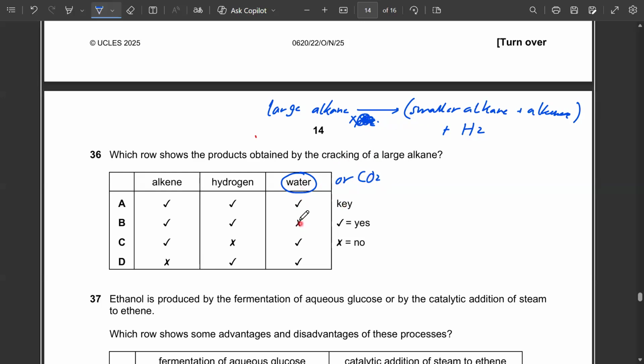So the only option is column B, which has no water. The other options are correct: alkene is formed, hydrogen is formed, but not water. So the only option is B.